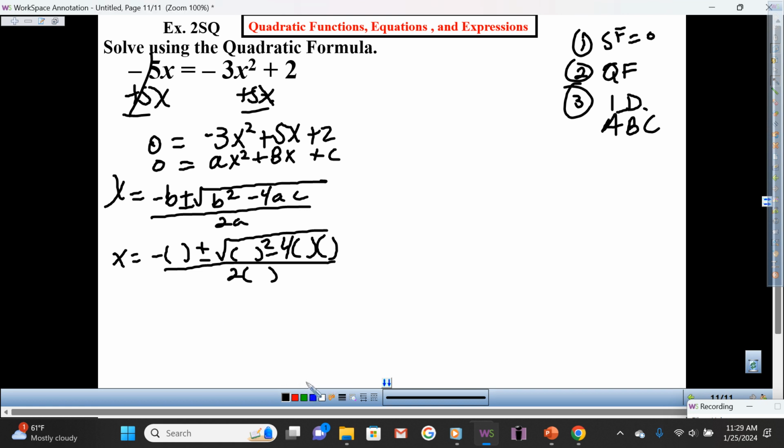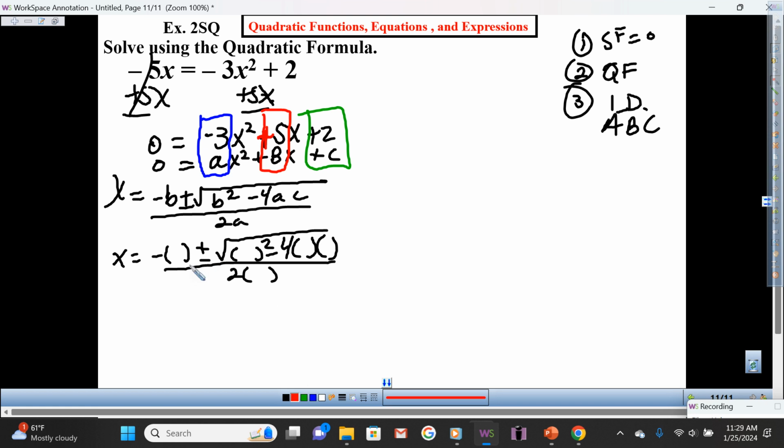So, by the looks of it, in blue, I'm going to identify my A. What is A, everyone? -3. In red, what is B? +5. And in green, what is C, everyone? 2. So, substitute that in there.